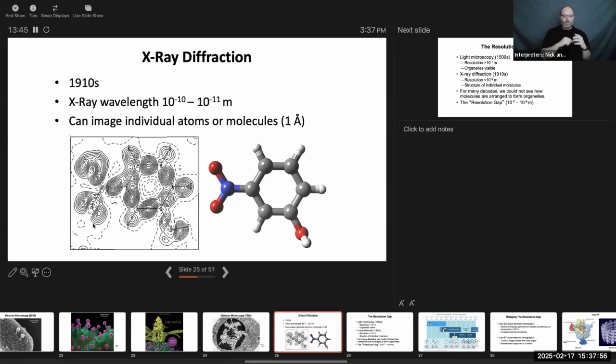So this sort of topographic map shows us where all the electrons are located, so we can tell that there are atoms located at each of those little peaks on the topographic map, and that's actually an electron density map for this particular molecule over on the right, which I forget what that is off the top of my head.